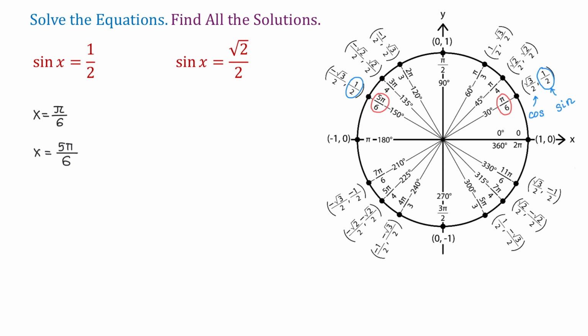We know that one full rotation is 360 degrees or 2 pi radians. So what if now we have an angle that is pi over 6 plus 2 pi? This new angle corresponds to the same point where sine is 1/2. Now, what if we add 4 pi, which is 2 full rotations?